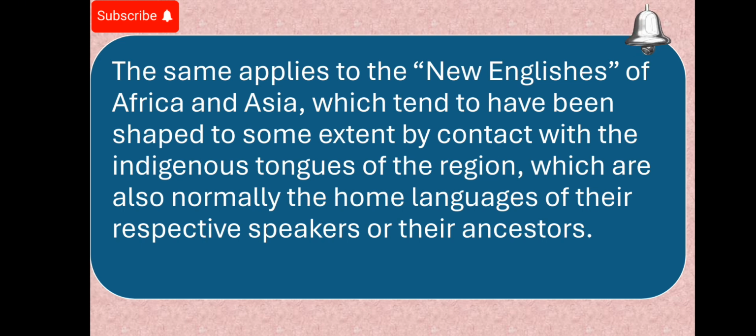That's why the new Englishes have the local touch, the touch of the indigenous people of this region, which are also normally the home languages of their respective speakers or their ancestors. Who are their ancestors? In the past, our forefathers also spoke the English language, because in colonization time, different parts of Asia and Africa were the colonies of Great Britain.